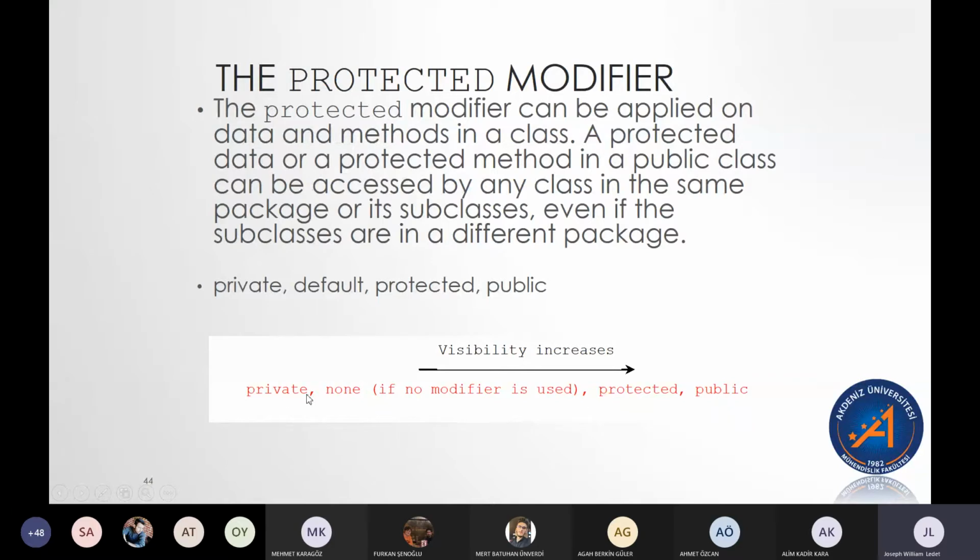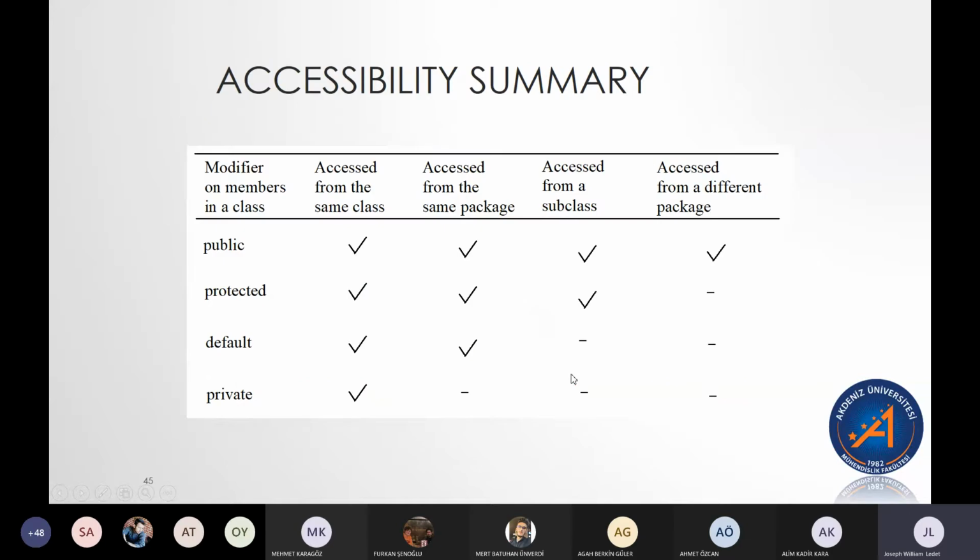That can't be done without just private and public. But it's at least a good thing to know how visibility and accessibility work. So public just basically means anyone anywhere can access it.